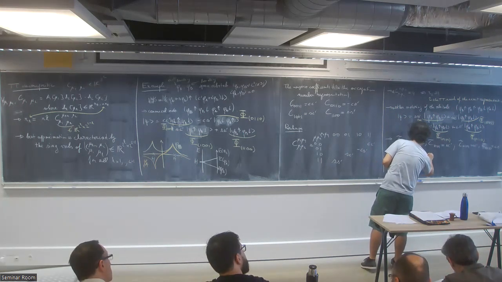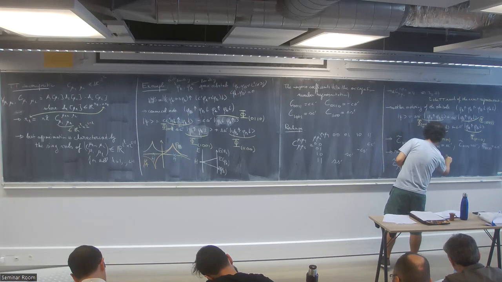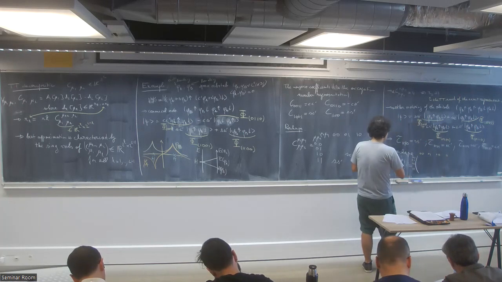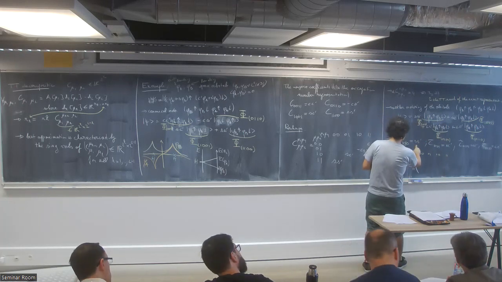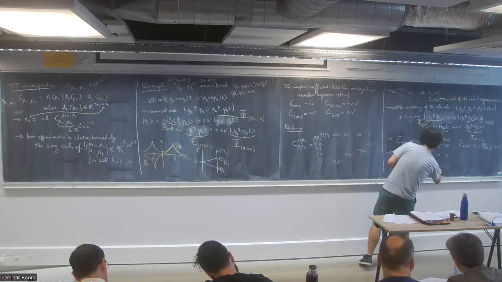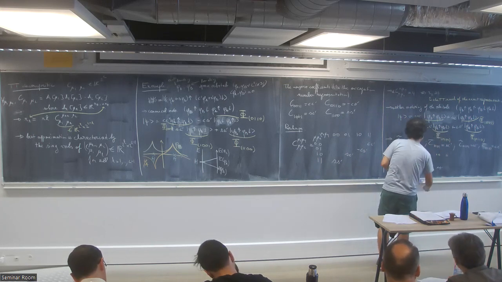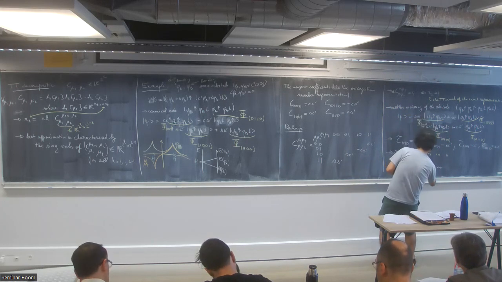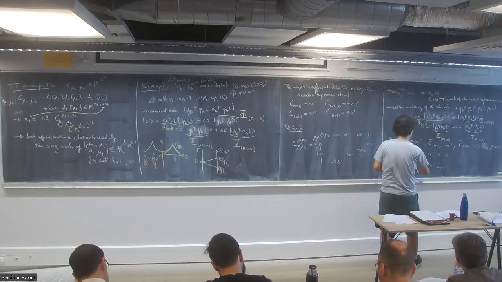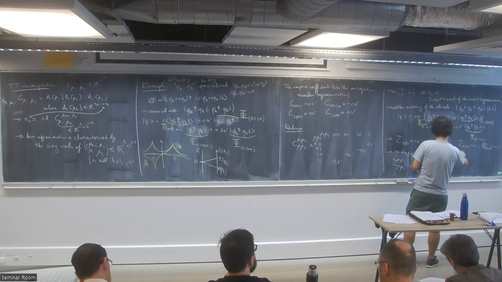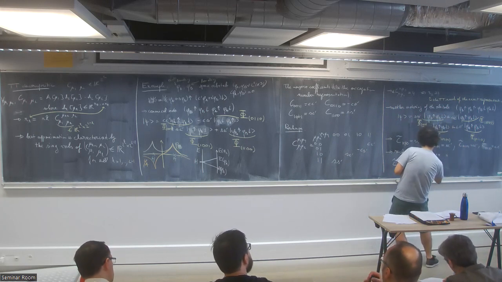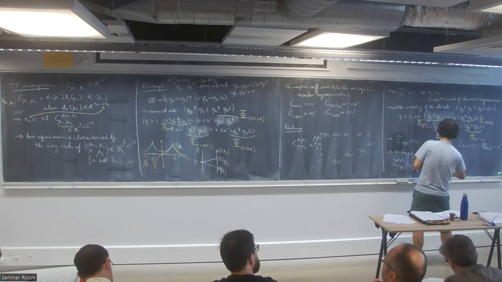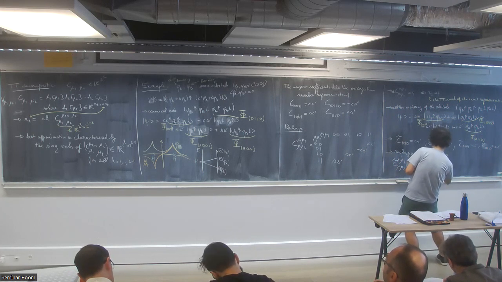Same goes here. And now 1, 0, 1, 0, I get SS prime. So I have SS prime here. 1, 0, 0, 1, SC prime. 0, 1, 0, 1, this one. And 0, 1, 1, 0, this one.